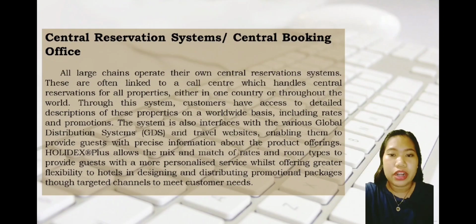Importantly, a CRS is critical to a diversified distribution strategy to increase RevPAR and ensure operational efficiencies across independent and chain hotels.